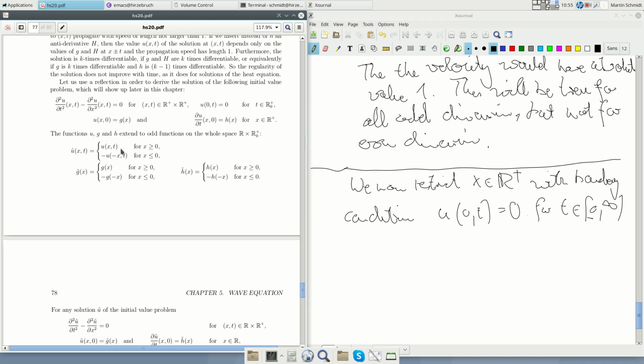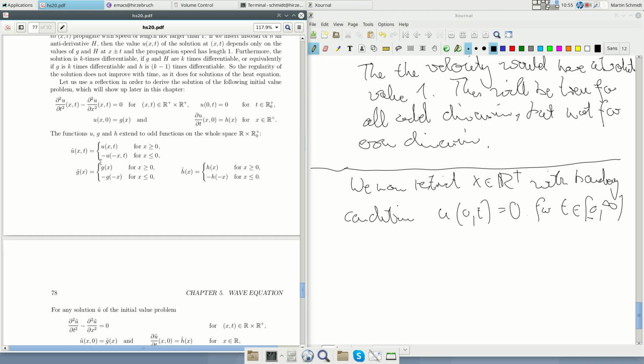Now we define the solution by reflecting it. For negative x, we just take the negative values.